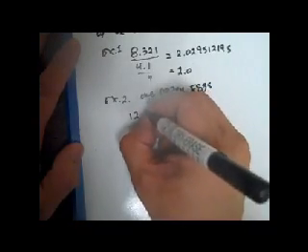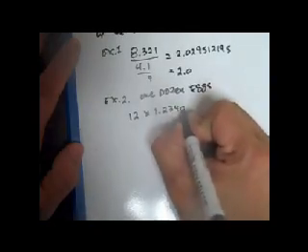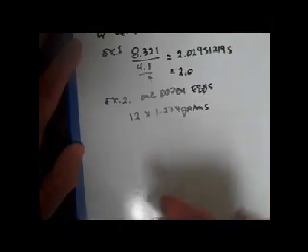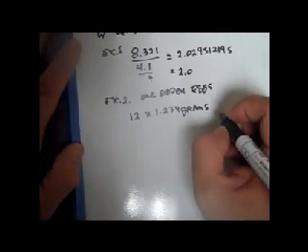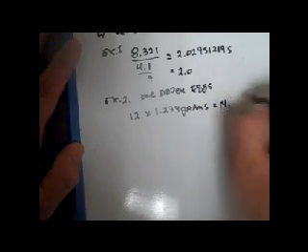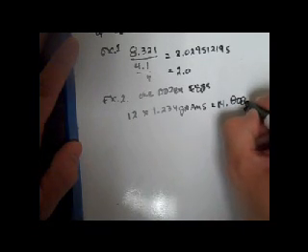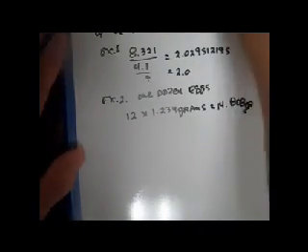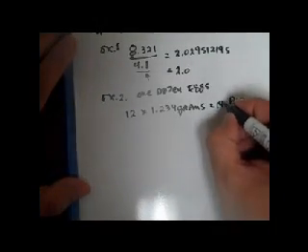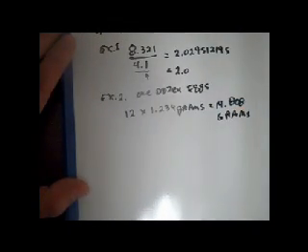So let's say we have 12 eggs times 1.234 grams. That's probably not a typical egg, but let's just say that for argument's sake. Now, if you were to plug this into the calculator, what would that show? 14.808 grams. Okay.